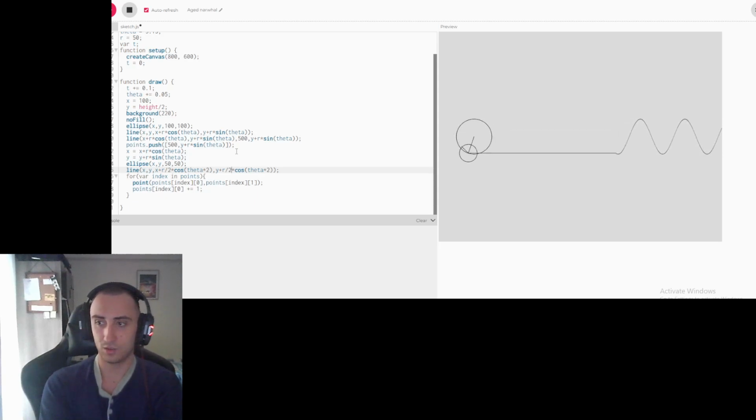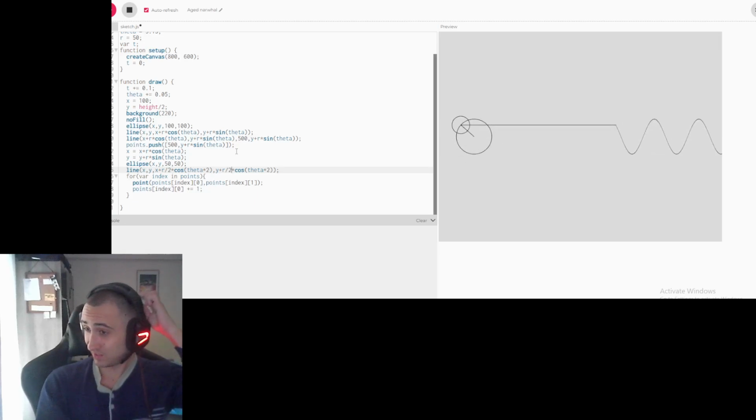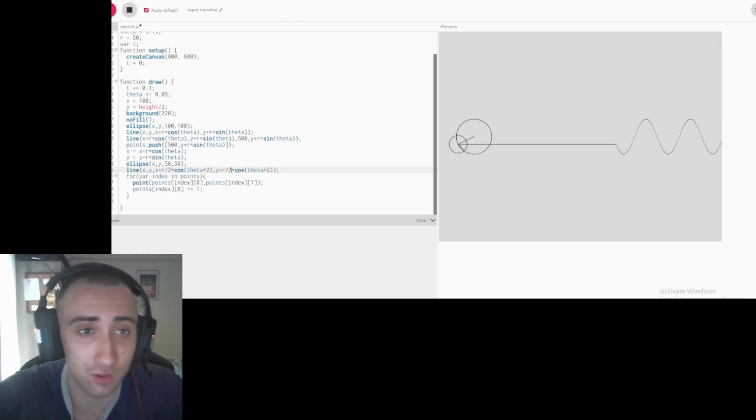Huh. That is interesting. Yeah, it really isn't the correct way. What if I make the center of the axis be at the end of that line?